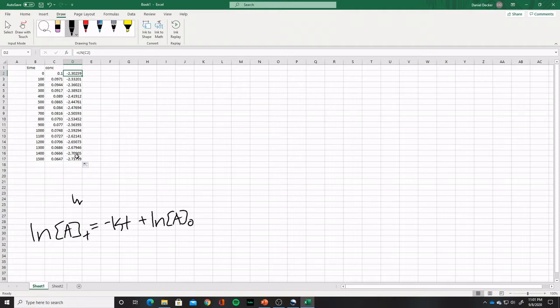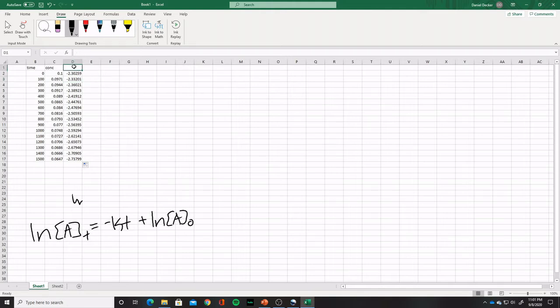And so for all the rest of them, it just does that same thing. It takes the cell next to it, the cell one to the left, essentially. And so if I had selected this cell over here, it would instead say, okay, take the natural log of the number 2 cells to the left. So that is much faster than typing it into your calculator.